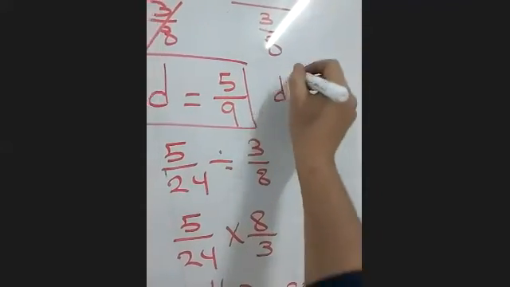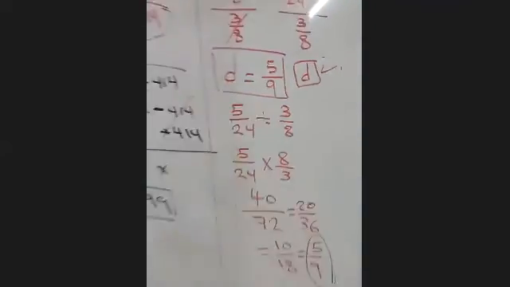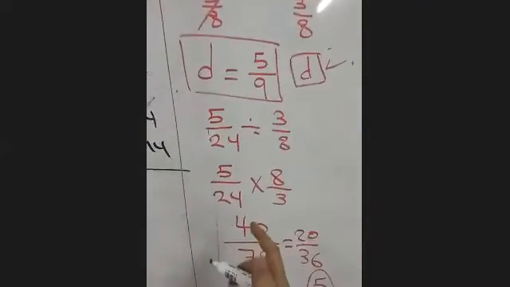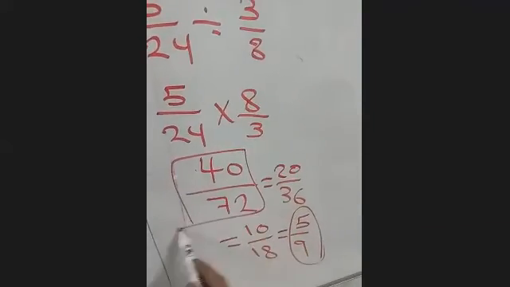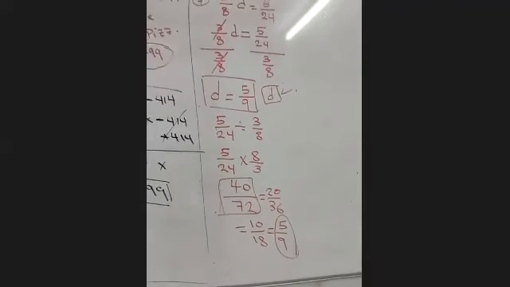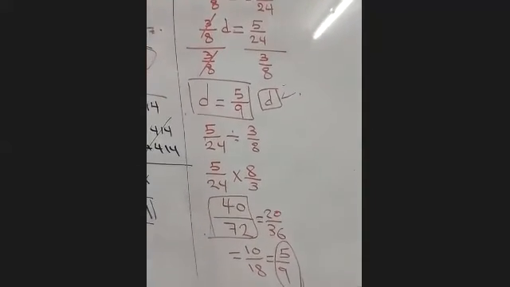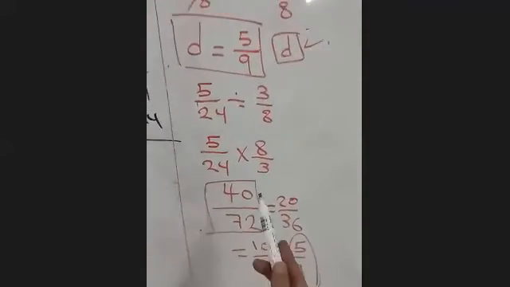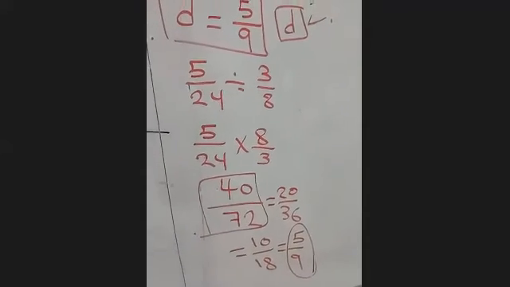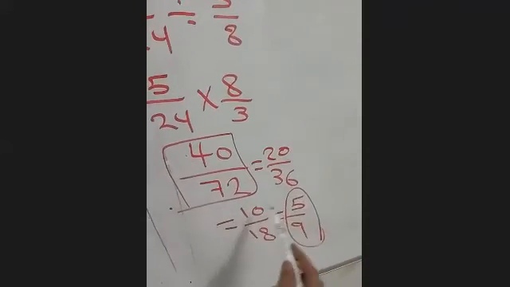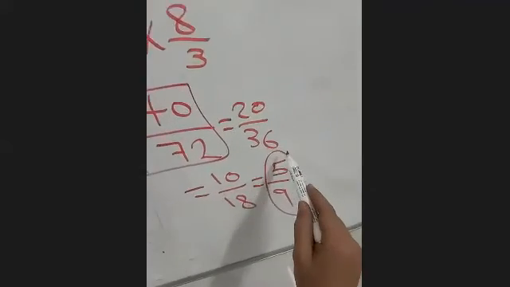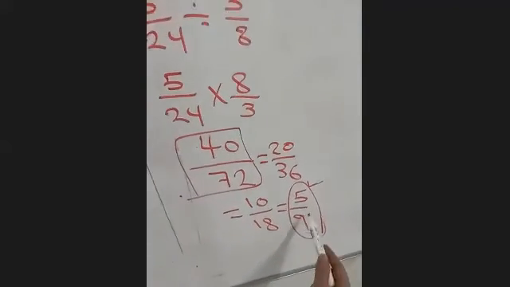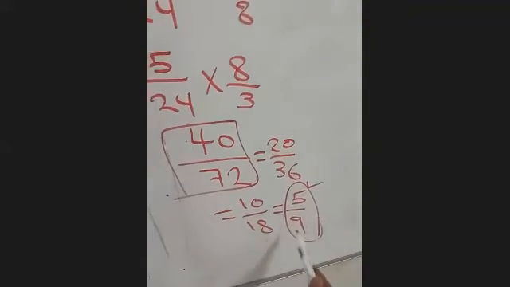Now, look here, guys. The first answer of the question is 40/72, right? If you look at the choices, you won't find 40/72. But because we simplified the answer to the simplest form, this final answer is the correct one.